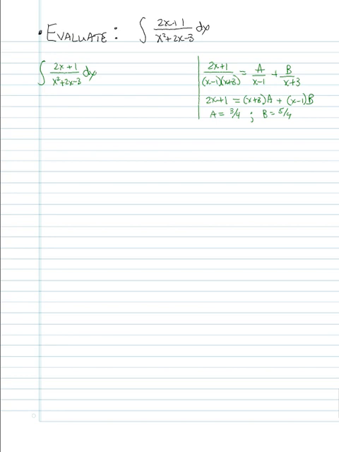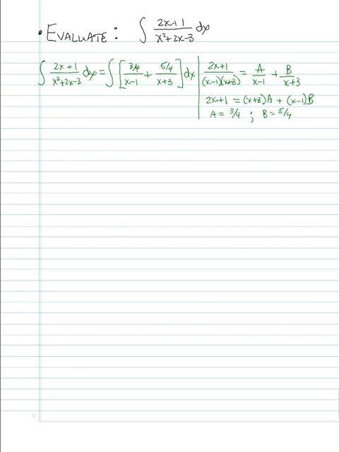So here's what we've got then. Rather than integrating this one single fraction, we're going to decompose it. And when we decompose it, we have a fraction that has a 3/4 over an x minus 1, plus a fraction that has a b, which is 5/4, over an x plus 3.